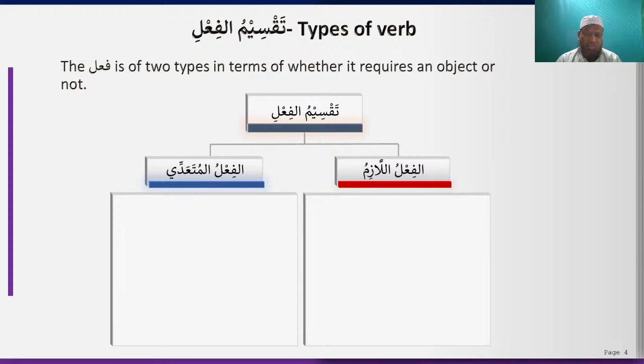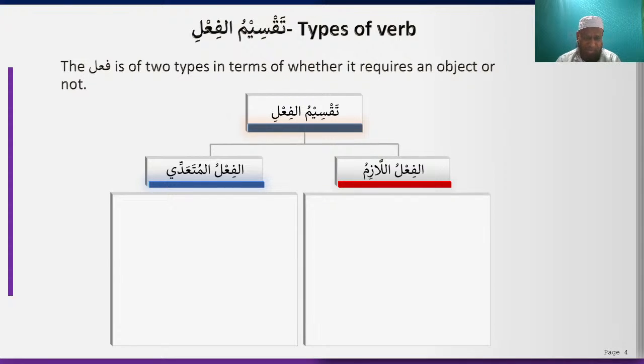The word متعد means to transfer. So the action of the fa'il is transferred to something, and that is the object.